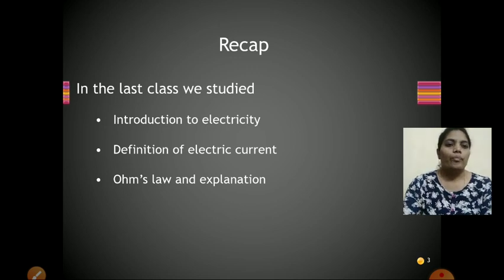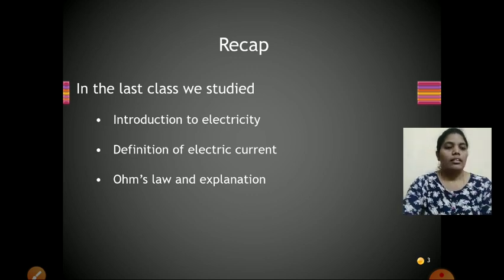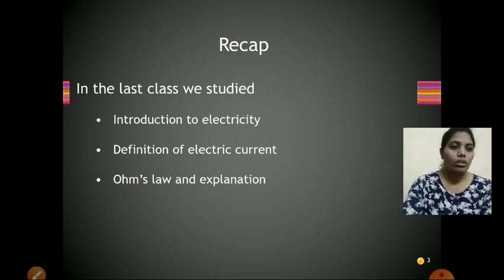Now, electrically, the force between these two particles is balanced in the nucleus, but when we give some external force to this atom, there may be gain of electrons or loss of electrons.